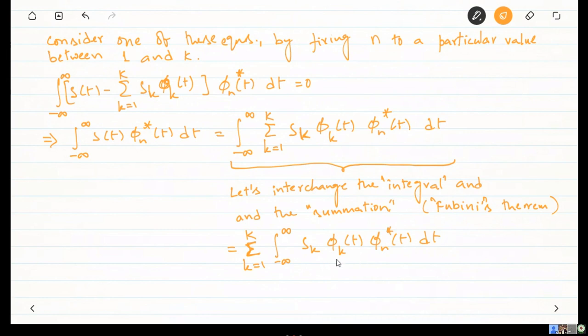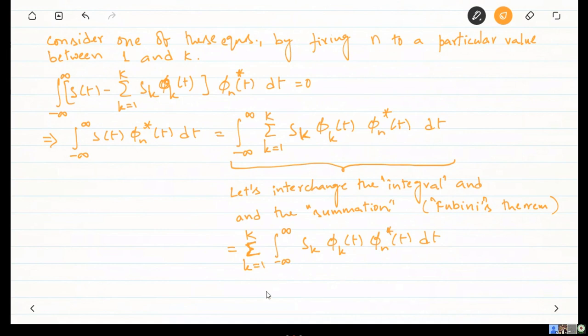Okay. So now we have interchanged these two things. And then what will this be? See, this k will be varying from 1 to capital K. So this will be S1 phi 1 of t multiplied by phi n conjugate of t dt, S2 phi 2 of t multiplied by phi n conjugate of t dt, and so on.